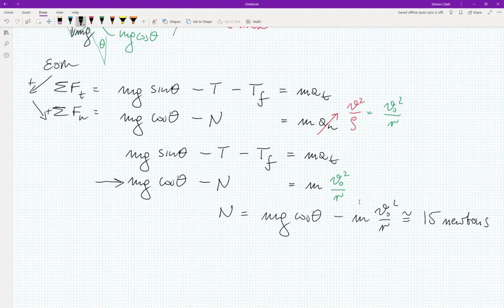Every single parameter on the right-hand side is known. So from that moment on, I consider N as a known value.